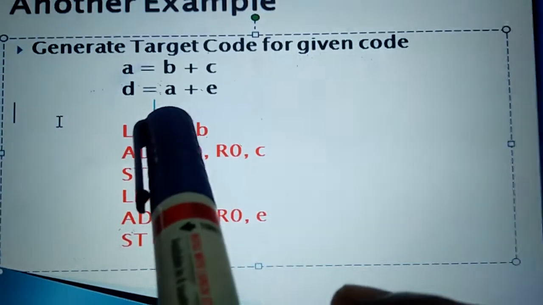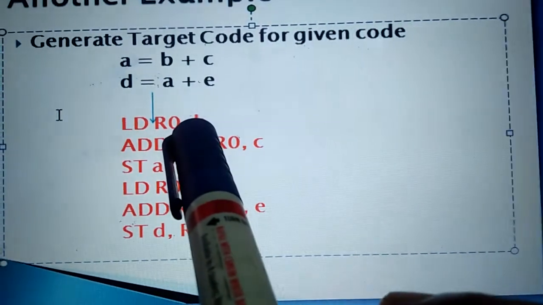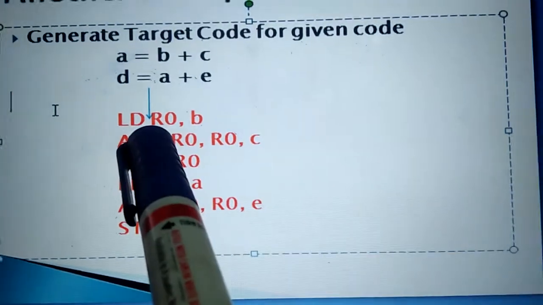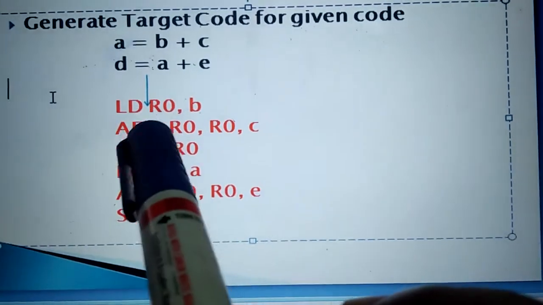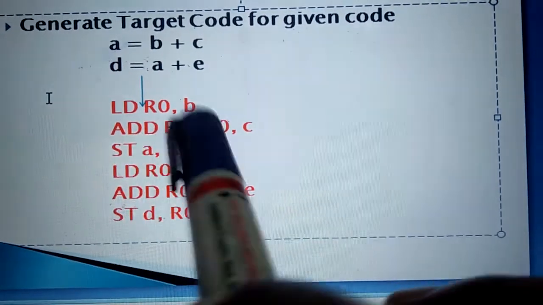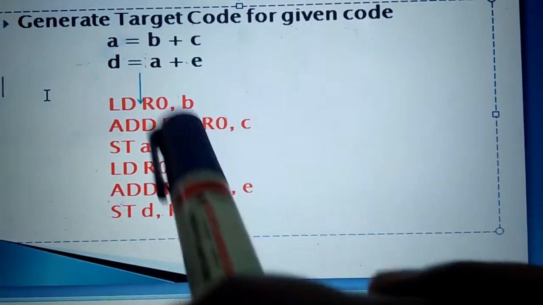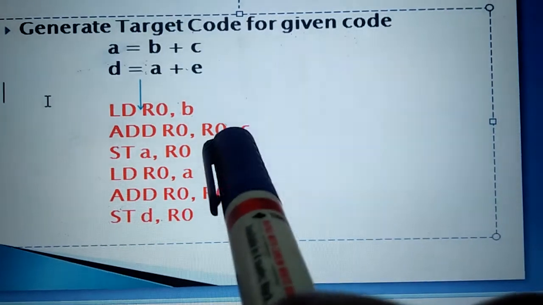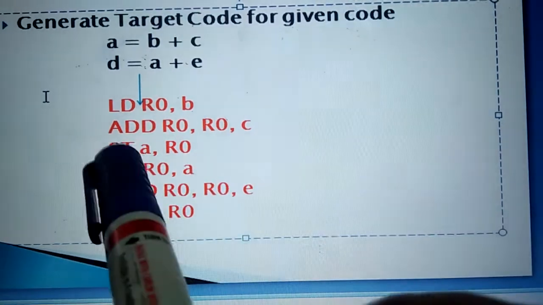For example, for A = B + C: LOAD R0, B. That means in the register R0 we are loading the value of B, and then C is added to it. Again, C is added with R0, the previous value of R0 along with it.